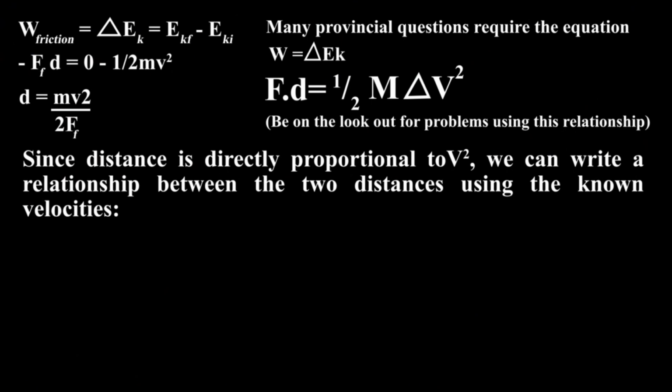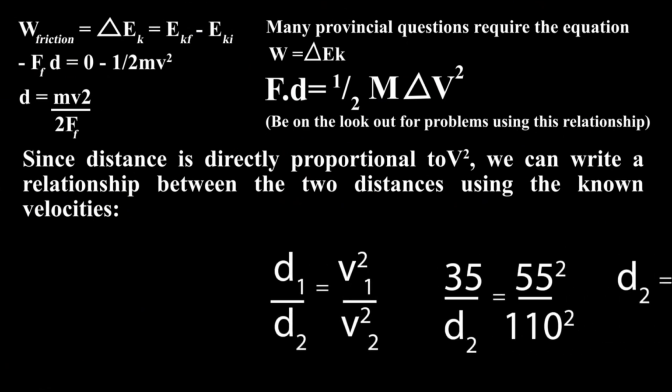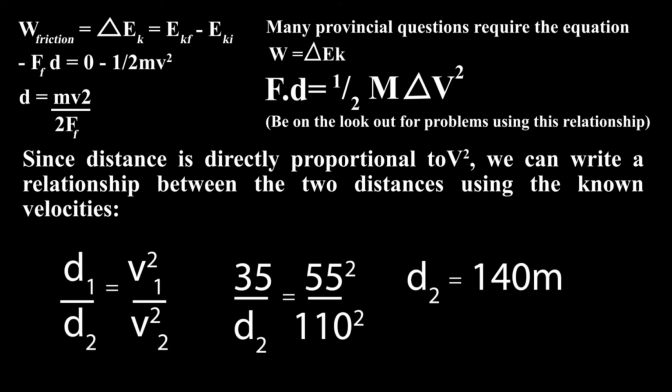And once we have that, we can solve this particular problem. Since the distance is directly proportional to v squared, we can write a relationship between the two distances using the known velocities. So we can say d1 over d2 is equal to v1 squared over v2 squared. Then we do the substitution. What is the value of d1?